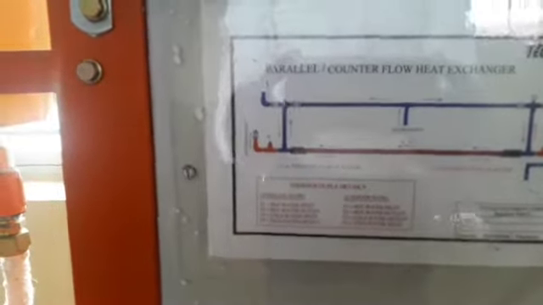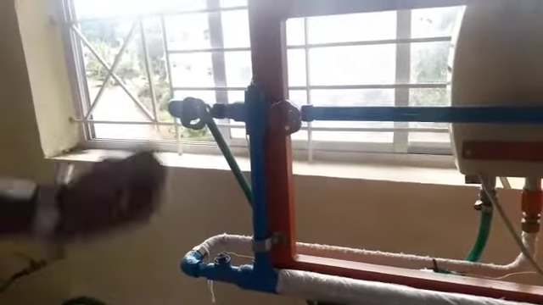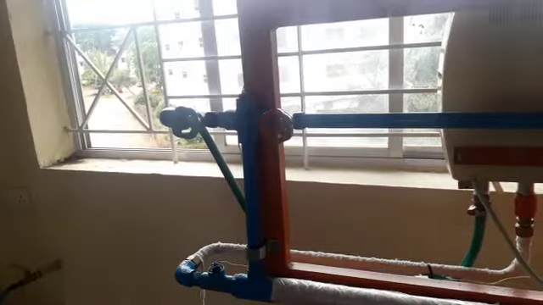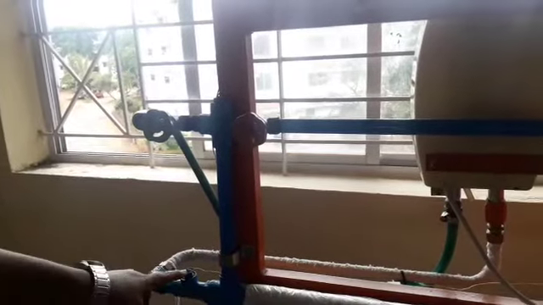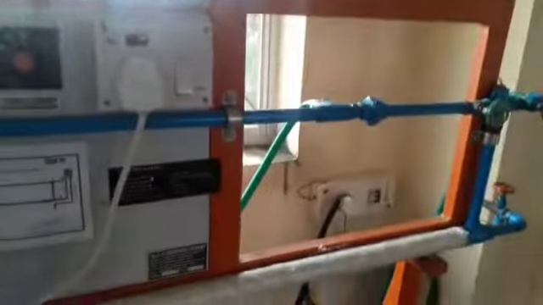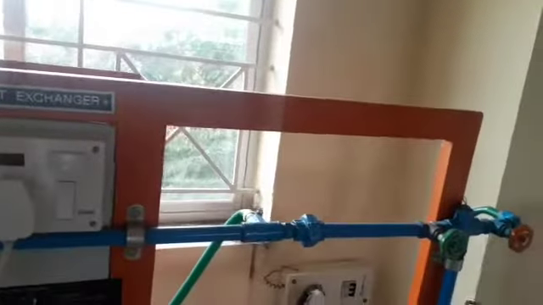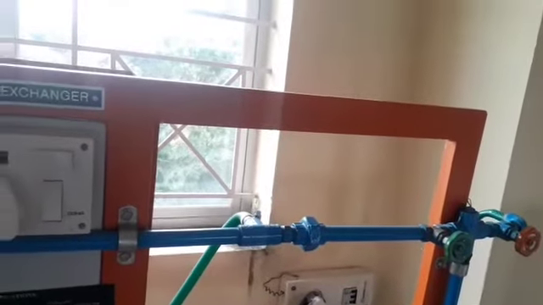You can see the sensors plotted here. These are thermocouple sensors which indicate the temperatures T1, T2, T3, T4. This one is T1, on the other side is T2, this one is T3 and that one is T4.